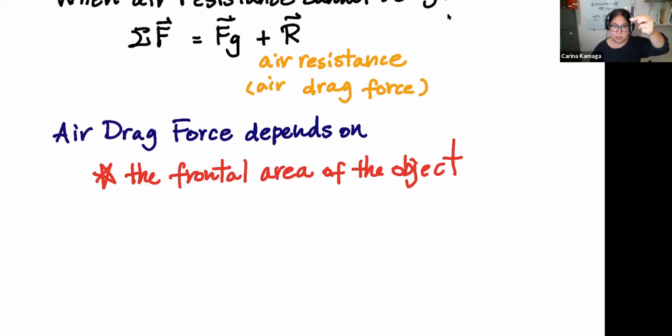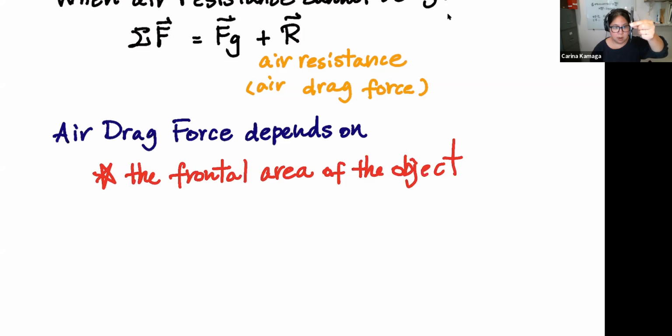It's the exact identical pen, same shape. But when it's falling in this direction, what would you guess? Do you think the air resistance is going to be the same as sideways?